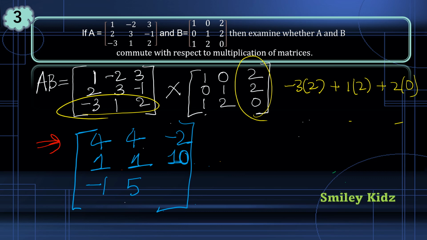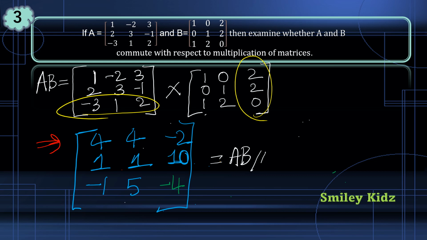That is minus 6 plus 2 plus 0, which is minus 4. So here we're going to have minus 4. Now this is A into B. Let's note this down. In the next slide, we're going to solve BA and see if these two are equal. Certainly they will not be equal. We'll be proving that.